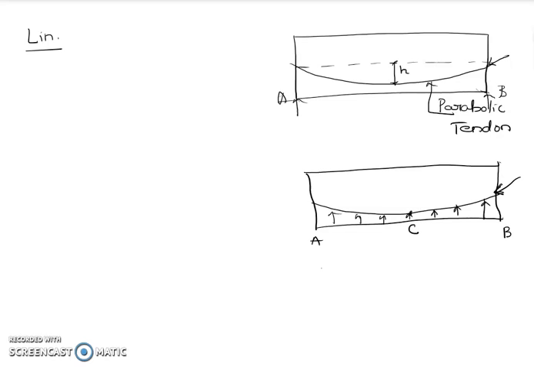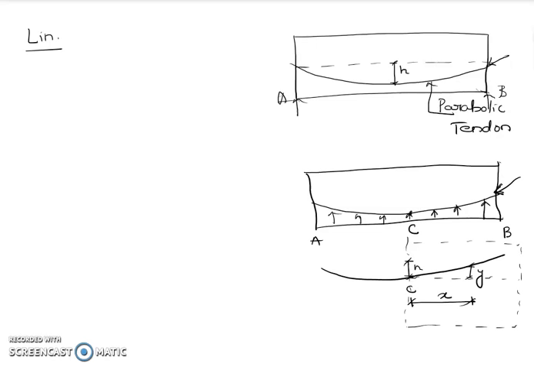What is seen, I will just draw the tendon again. This is point C where this is H, and if you draw this at any point, this particular distance is distance Y, and the distance from the center to this point is taken as X. Now I will just draw the diagram from the center till the end, that is whatever I am showing in the dotted box.